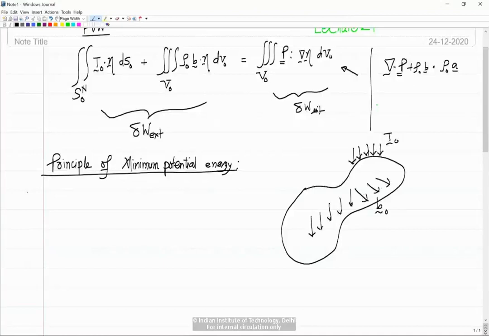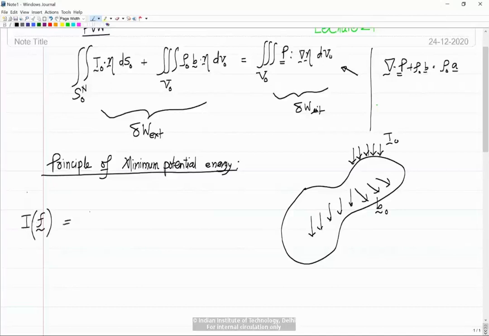We have to first write down the expression of the potential of the system. Now the potential of the system, let us say I denote it by I, is going to depend on the unknown small f, which is itself a function.